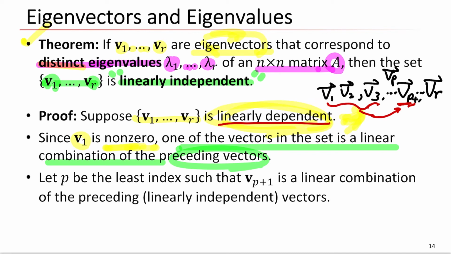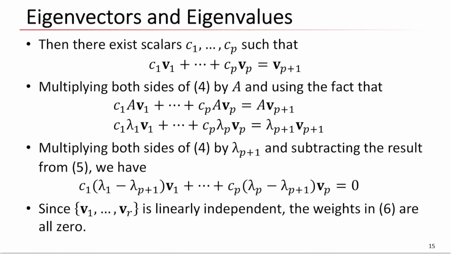Then we can represent v(p+1) as a linear combination with weights. So v(p+1) will be c1 times v1 plus c2 times v2 plus up to cp times vp. And we say that the scalars c1 through cp are not all zero, because they are linearly dependent.